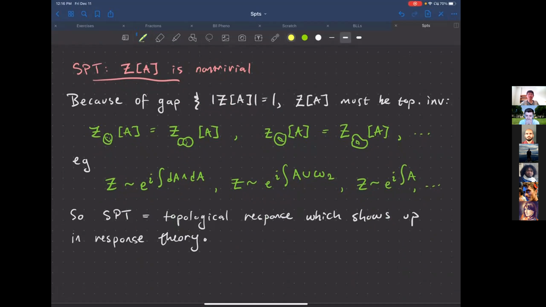Now, the claim is that in this case, the partition function is going to be a topological invariant of the manifold that it's on. So I indicate this over here. The partition function in the presence of these domain walls or this background field on some manifold like this S2 is going to be the same as the partition function on this kind of crumpled S2.